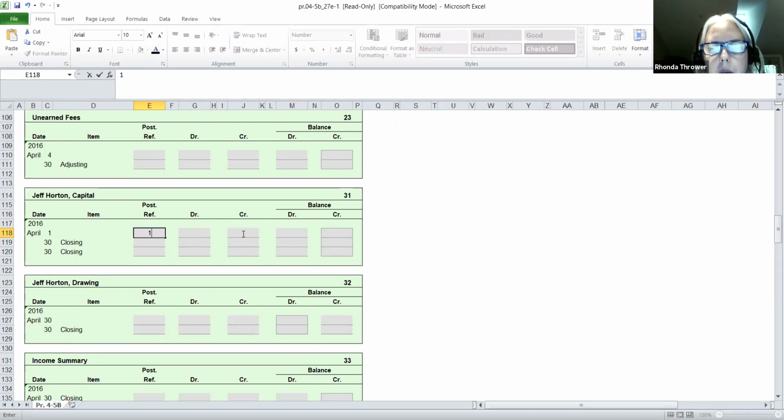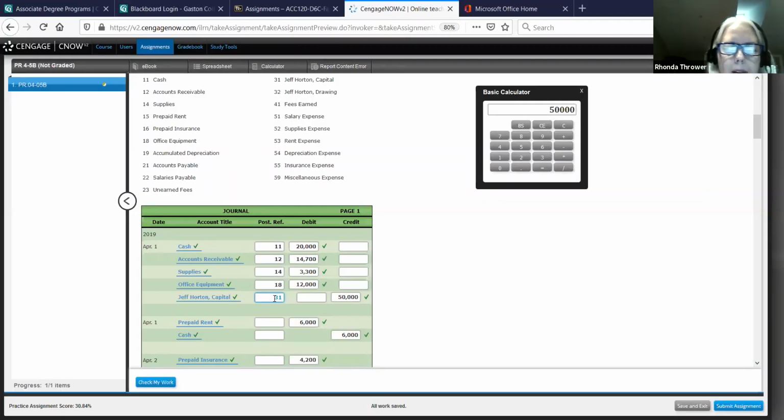Notice I'm on capital, so my capital account has to be credited. And it was credited for $50,000, and the balance will be a credit balance of $50,000. Pick up your account number 31. And this is how we post.